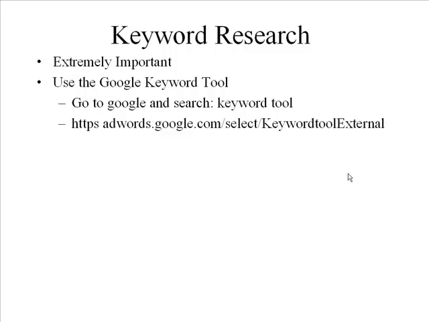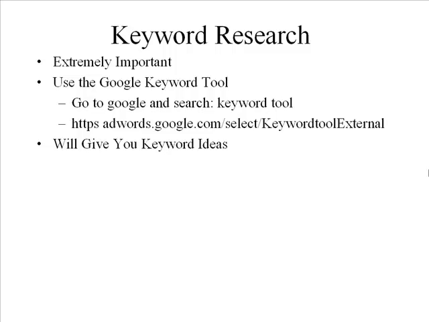And I've got the URL up there. It starts with an HTTPS. I didn't put the colon and backslashes on there. So you can either enter the URL in or else just click on the results that you come up with after you've done your search, and it's going to take you to the keyword tool. What you're going to see is two blocks in the middle. The top block is where you enter your keyword or keyword phrase.